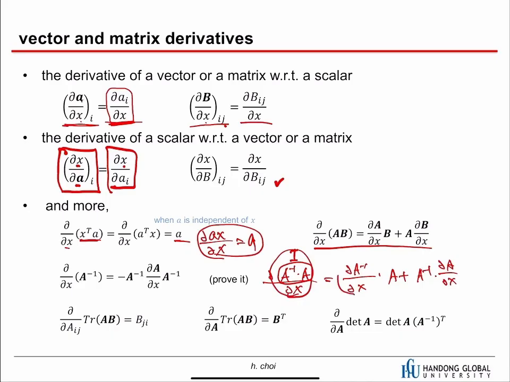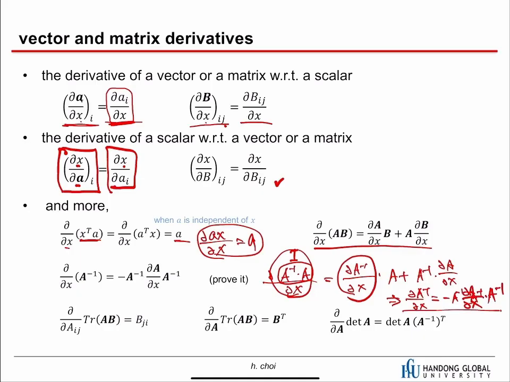Then we can rearrange this equation. Then the derivative of A inverse is minus A inverse times the derivative of A with respect to x times A inverse.